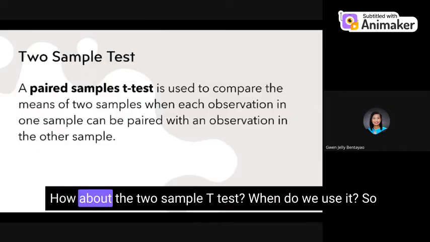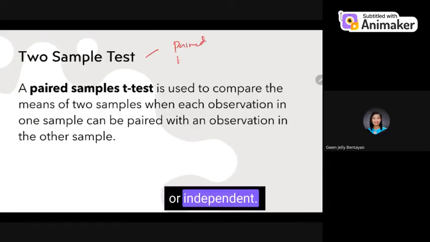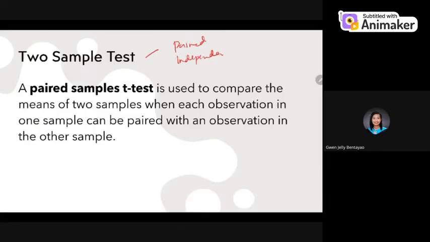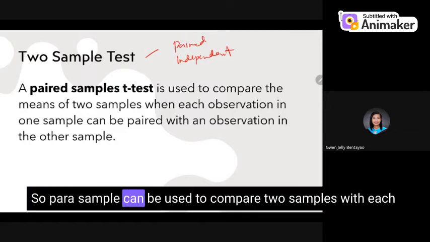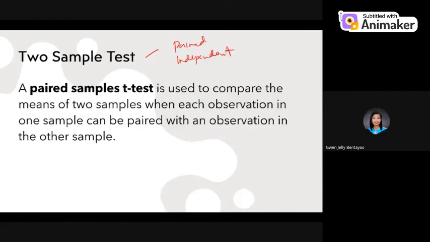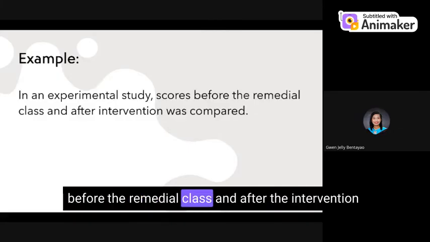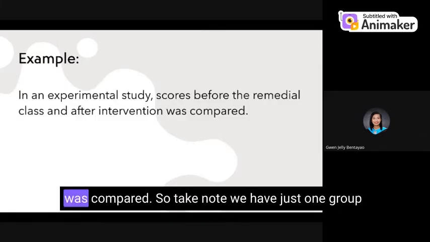How about the two sample t-test? When do we use it? So two sample can be paired or independent. So paired sample can be used to compare two samples with each observation in one group or one sample. Example would be an experimental study, scores before the remedial class and after the intervention was compared.